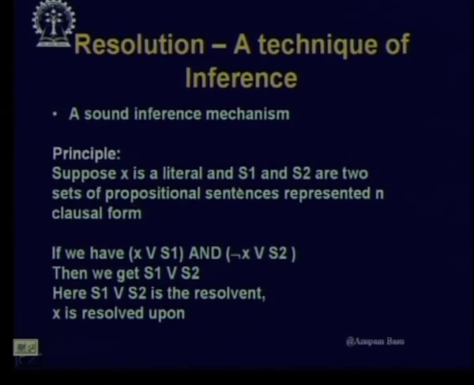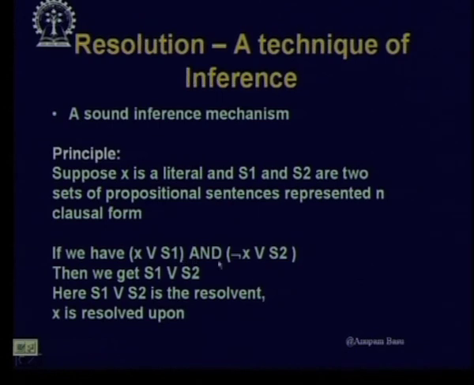So, suppose x is a literal and S1 and S2 are two sets of propositional sentences which we have represented in the clausal form. If we have x or S1 and not x or S2, then we get S1 or S2. This is a revisit; we have already shown the same slides while discussing the propositional calculus.